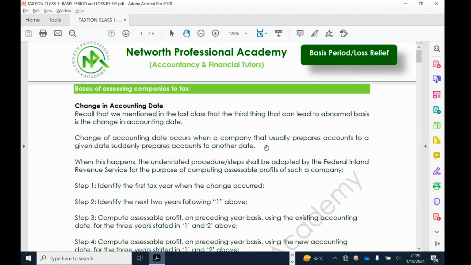To ease consolidation, they have mandated the new company to change the accounting date. In that case, we will have more than or less than a 12-month period in the year of change.